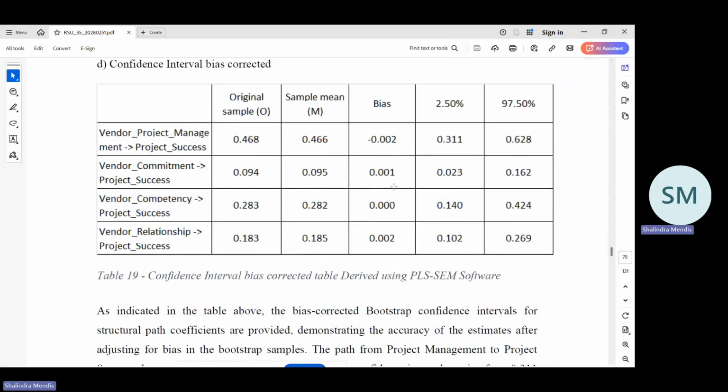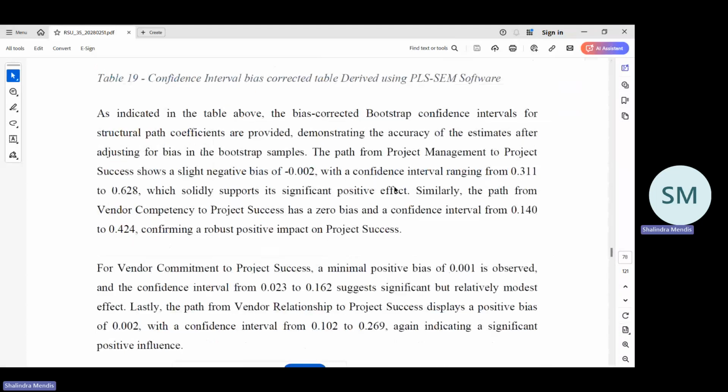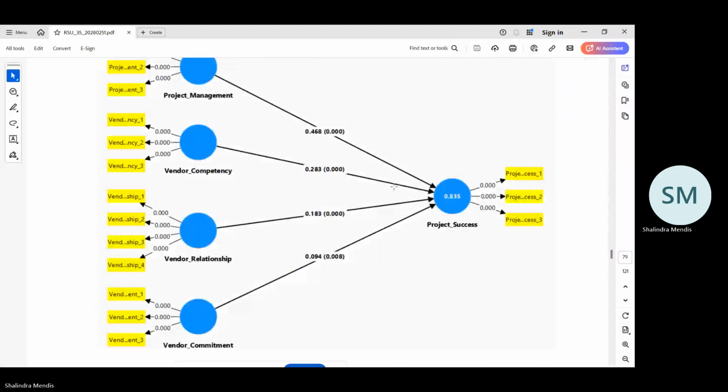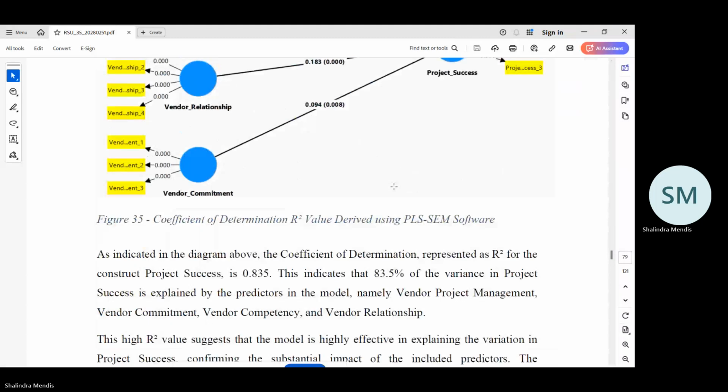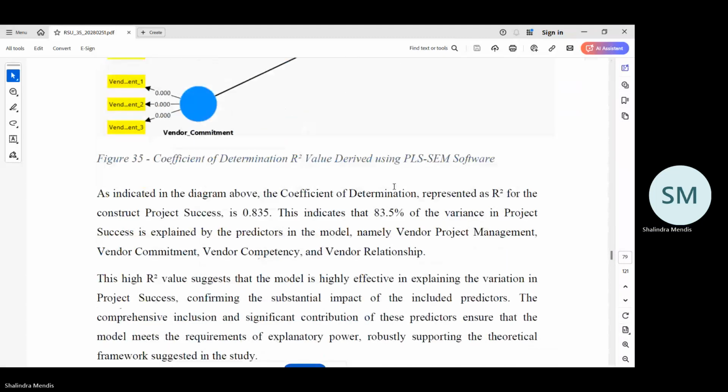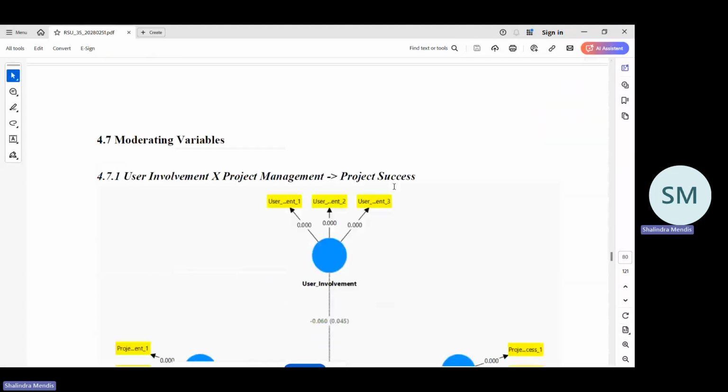Path coefficients, R2 value, then moderating variable.